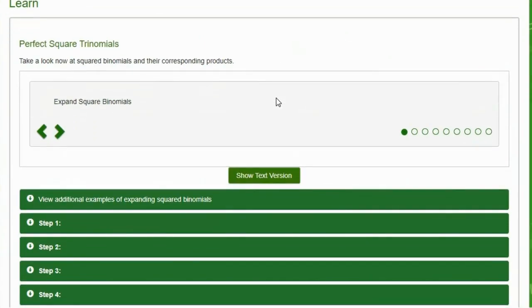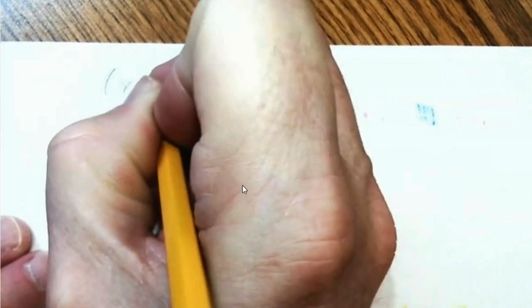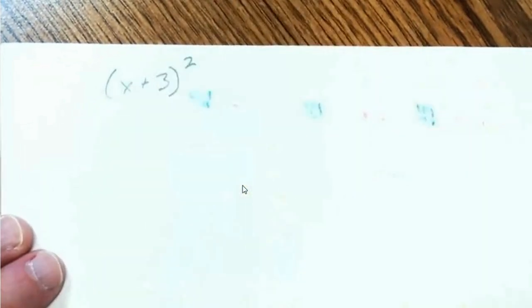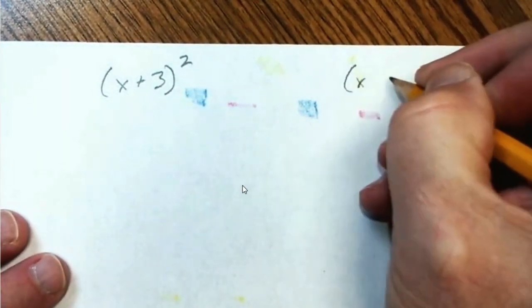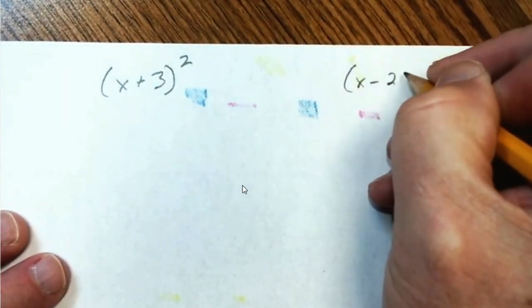Perfect square trinomials. Now let's look at squared binomials and their corresponding products. All right, let's look at a couple of those. So that's what we'll do in our paper. So when it's talking about squared binomials, let's take x plus 3 squared, or maybe x minus 2 squared.